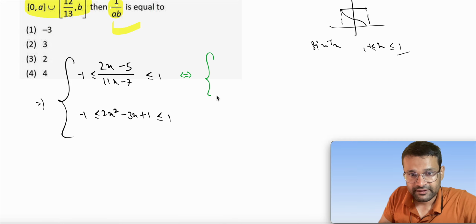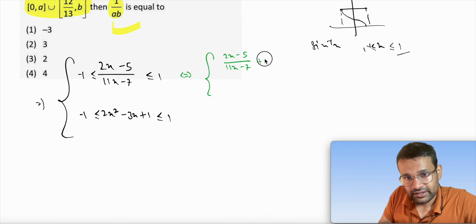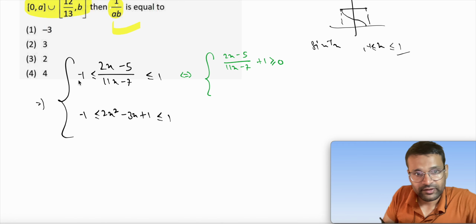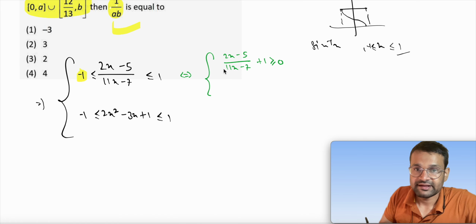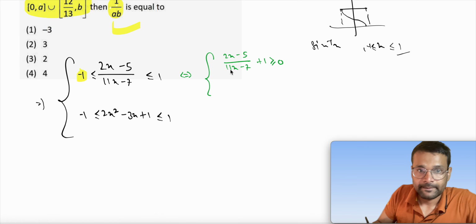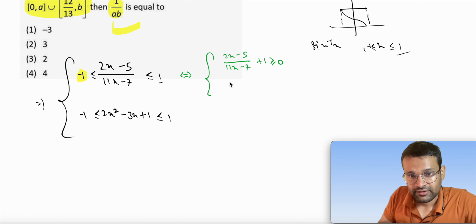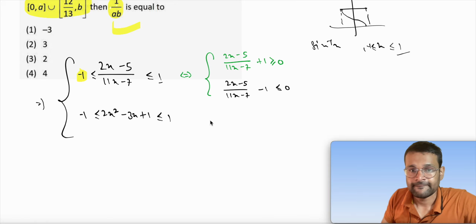There are two conditions. One, 2x minus 5 by 11x minus 7 greater than minus 1, when this minus 1 is shifted to the right side, and this part 2x minus 5 by 11x minus 7 minus 1 less than 0.